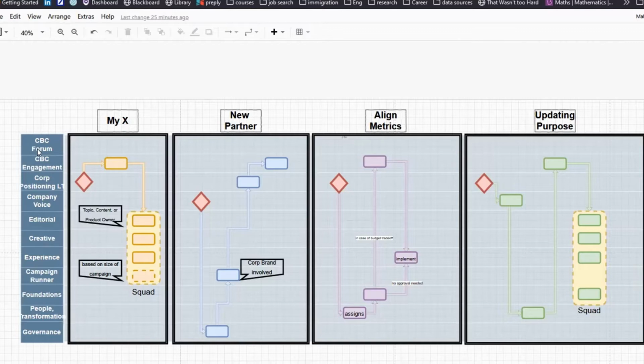Very frequently, I see the horizontals as a group or a team or some sort of tribe within the larger corporation, but you have them broken down into voices, which is a lot more like perspectives, where you have someone speaking to, I hope I'm reading this right, the editorial, the creative, the campaign runner role.